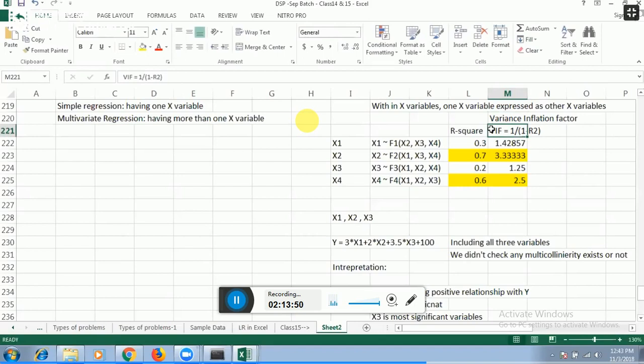So what is the cutoff? Generally the cutoff is greater than 2. If the data has any variable with a value more than 2, that means there is high multicollinearity, so you need to look at each variable individually. We will see how that can be helpful.